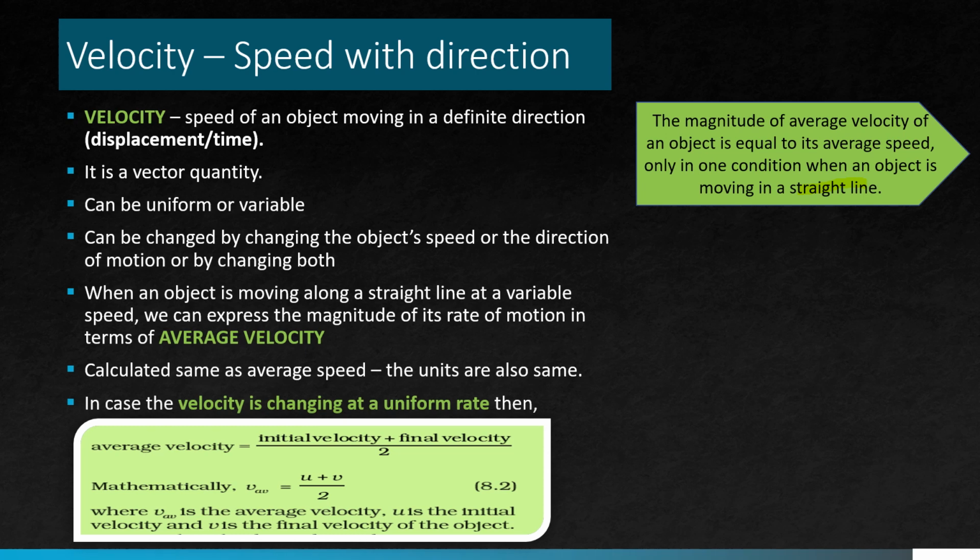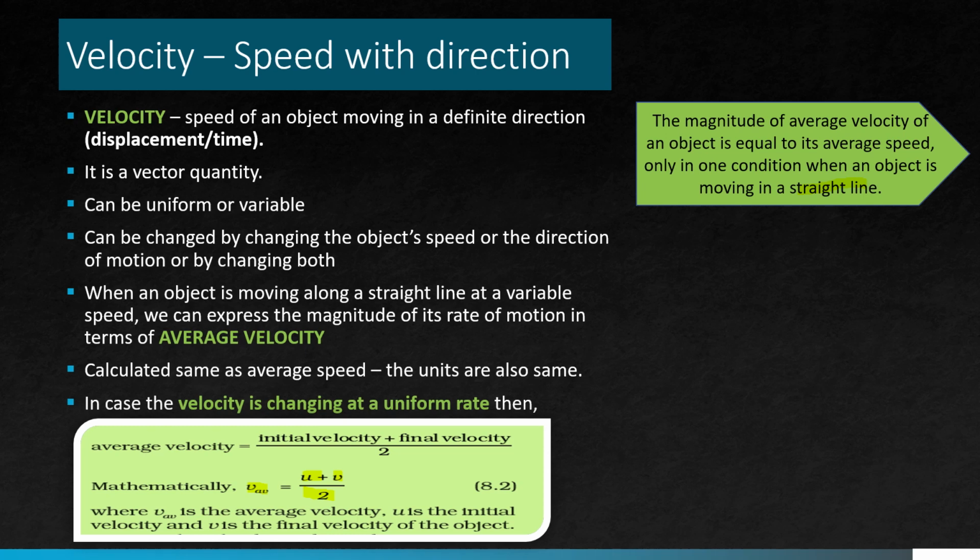Mathematically, the formula would be v_av equals initial velocity u plus final velocity v divided by 2, wherein we denote average velocity by v_av. u is the initial velocity, v is the final velocity, and you take the mean of it, right? So the formula of average velocity is u plus v divided by 2.